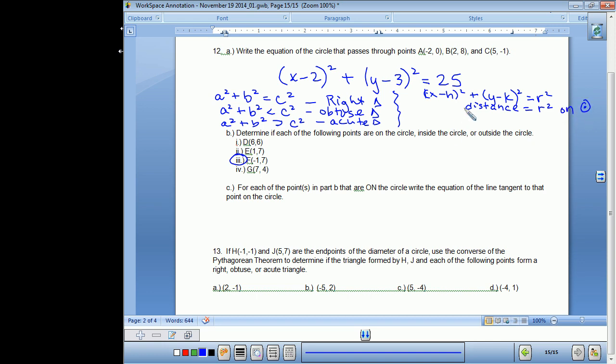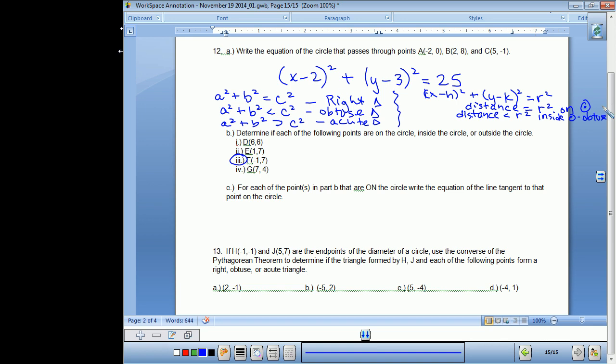We said if this distance is less than this, it is inside. And everything inside the circle is obtuse, if we formed a triangle with the diameter.